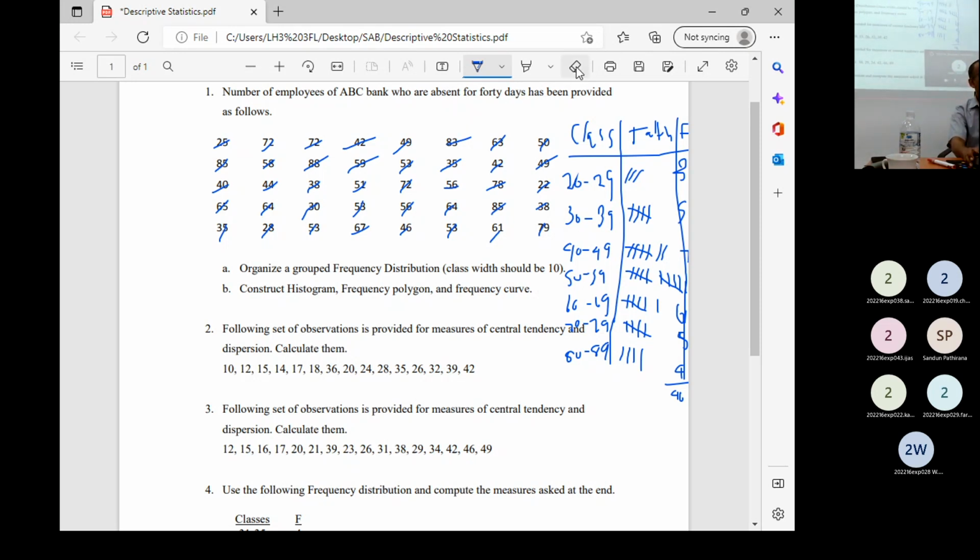Now, without tally, if you delete this tally, then you can take frequency with class range, it will become a frequency distribution, group frequency distribution. Right, group frequency distribution, I take.